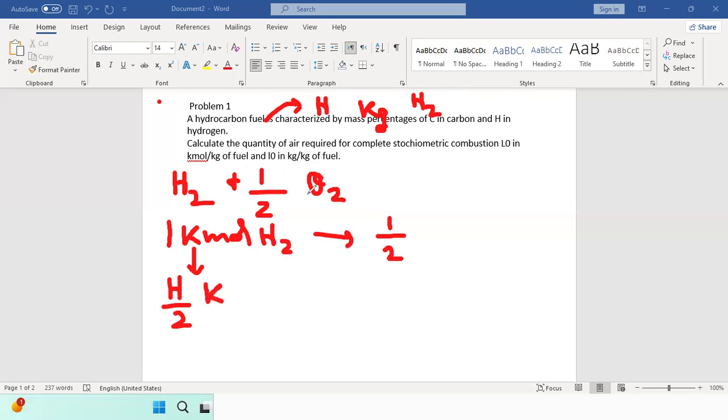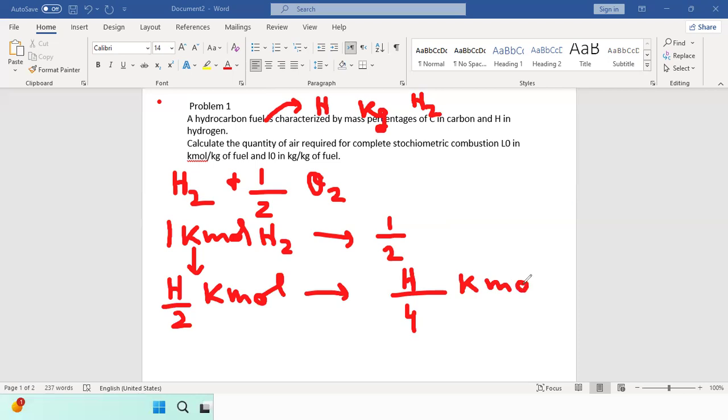And since the number of kilomole of O2 is half the number of kilomole of H2, each H over 2 kilomole of H2 will require H over 4 kilomole of O2.